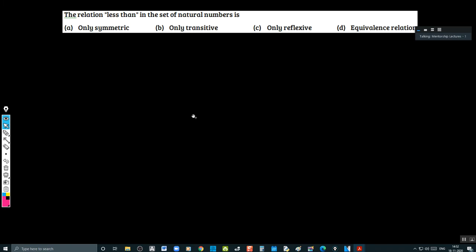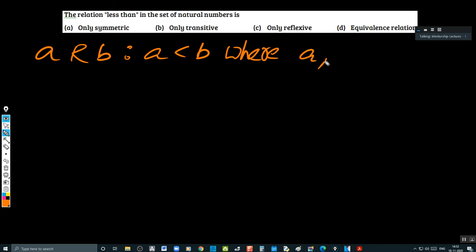Next one. The relation less than in the set of natural numbers. A R B is as A less than B, where A, B always belong to natural numbers.